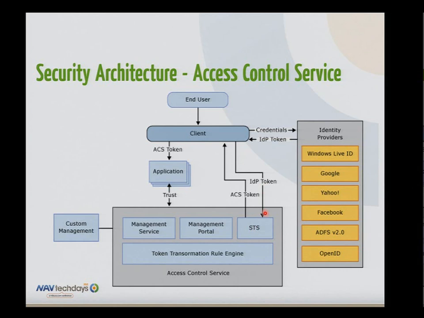So it receives a token and sends a token. That's basically the nature of an STS. Then the client receives this token and gives the ACS token to the application, Dynamics NAV 2013. There must be a trust between the application and the Access Control Service in order for NAV to trust the security token it receives.